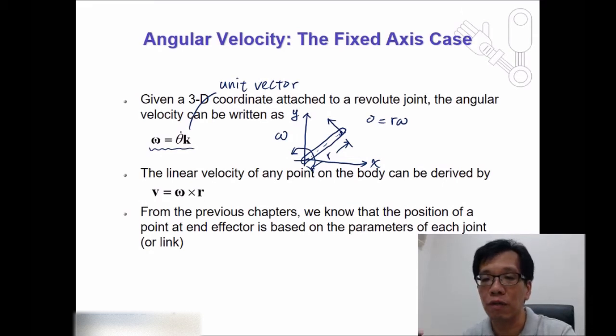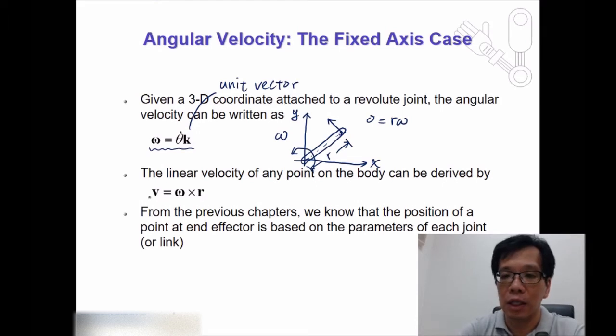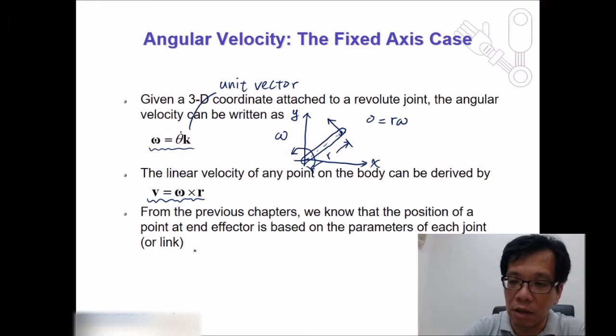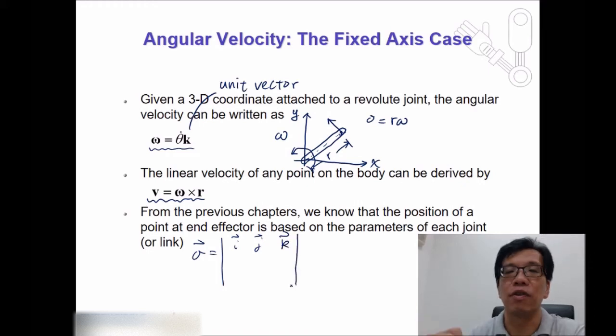But when we try to find the linear velocity or translation speed, this formula is something we're going to use. It's still a vector representation, but this time it's in 3 dimensions. What I mean is, when I get V, it must have i, j, and k as the first row.